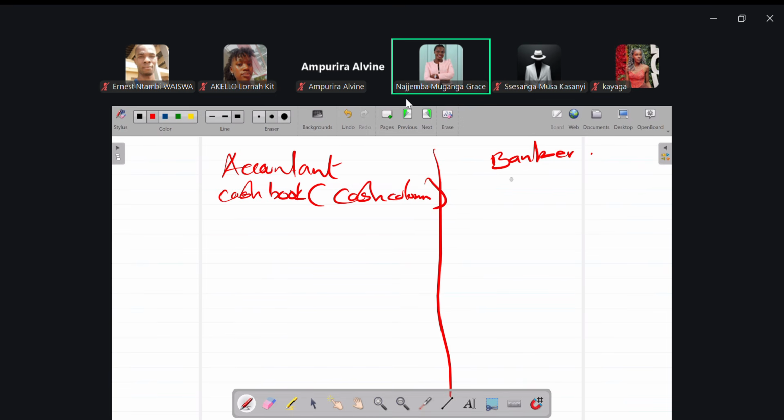Then the bank is also recording information in the bank statement.